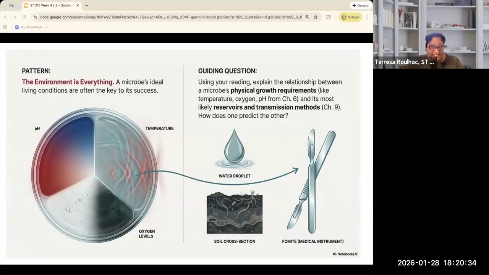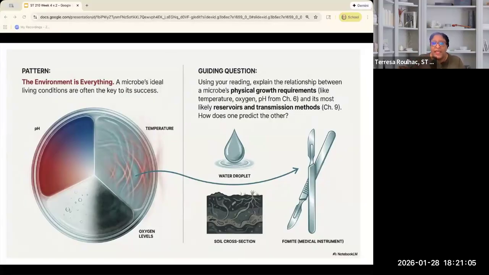Now we come to the right side. When you understand growth requirements, reservoirs actually start to make sense. You think of water droplets, soil, medical instruments. That's why we talk about this in the first 2 weeks in ST 300. Microbes don't choose these places, it's like they're matched to them. Okay.